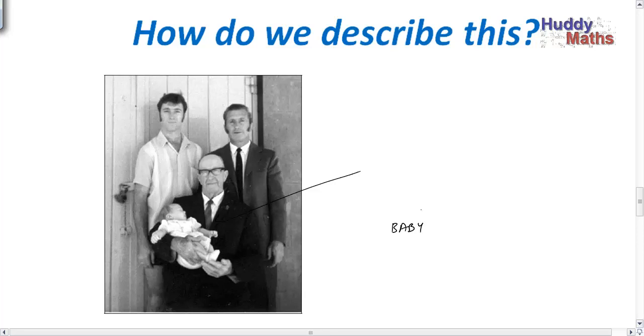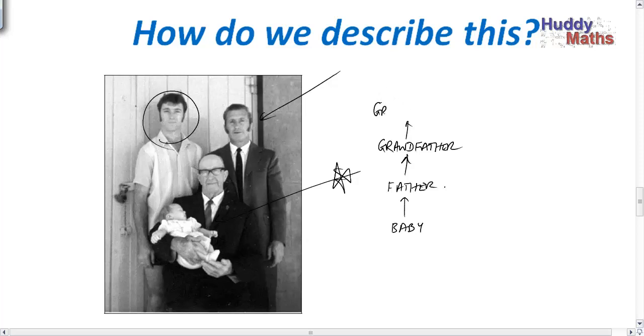We have a baby. And before that, this guy looks old enough to be the father of the baby. And then before that person was born, we have this dude who would be the father of the father, which is called the grandfather. And then down here, this looks like the old dude would be his father again, so he would be the great-grandfather.